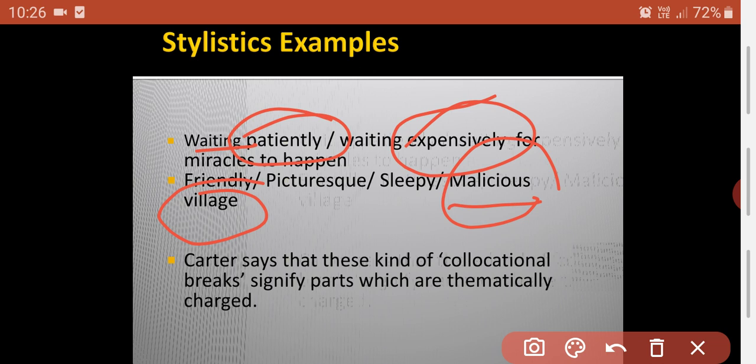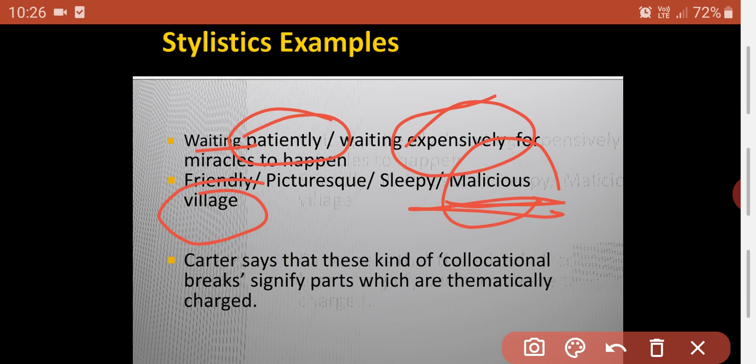It is malicious village. What is it called? Malicious. Something new. The collocative pattern is broken down to create a new kind of phrase that is hitherto not thought of. Okay.